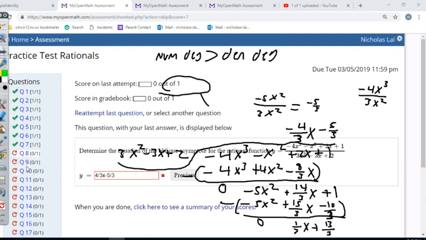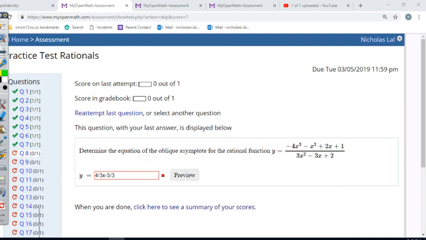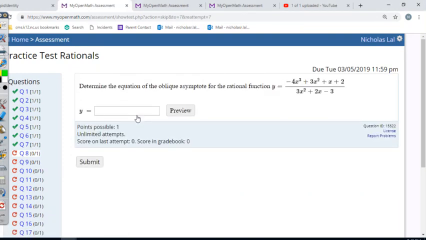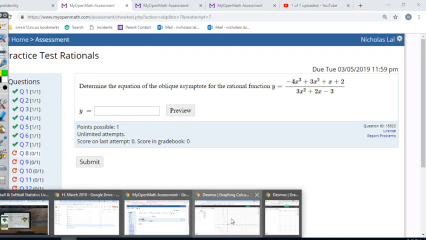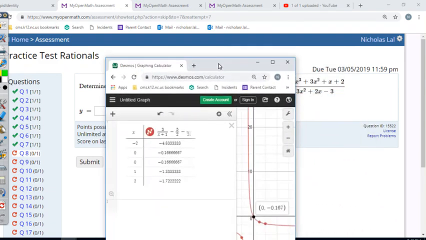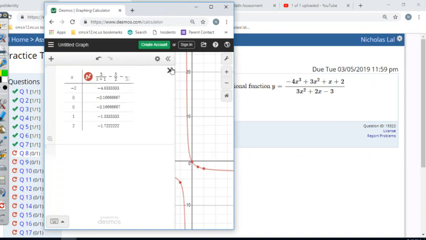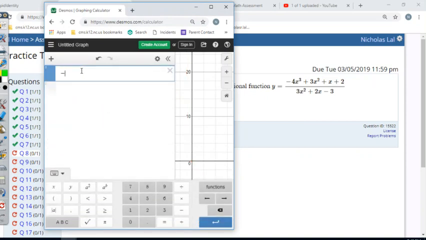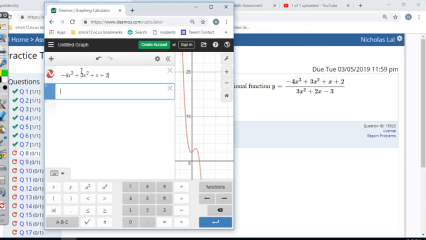Okay, let's try. All right, so I apologize for making a mistake there. Let's enter negative 4x cubed plus 3x squared plus x plus 2 over 3x squared plus 2x minus 3.